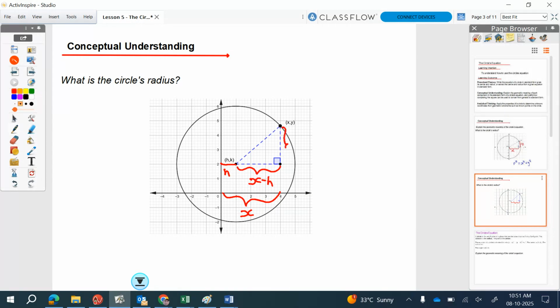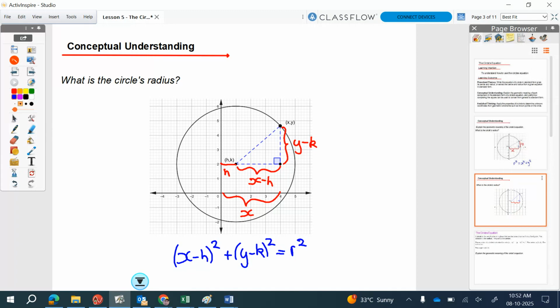How long is this side of the triangle? y minus k. This is going to give us x minus h squared plus y minus k squared is going to be equal to r squared. And this is the general form of any circle drawn in the coordinate plane.